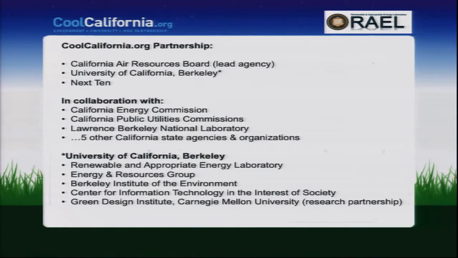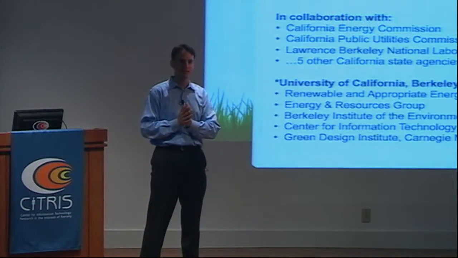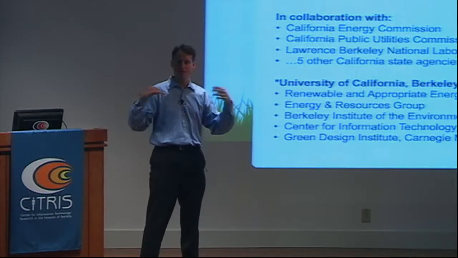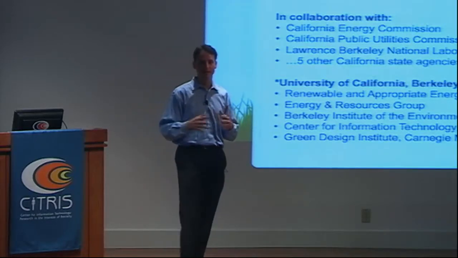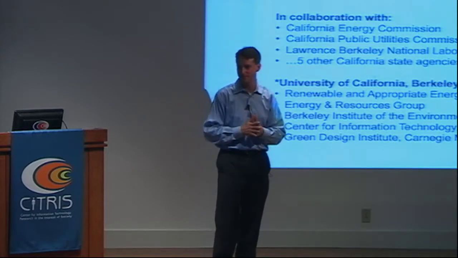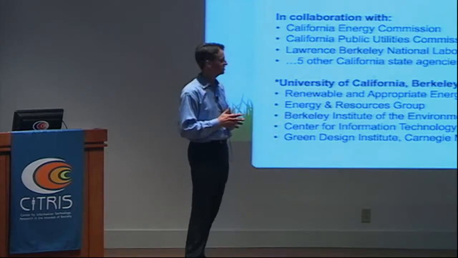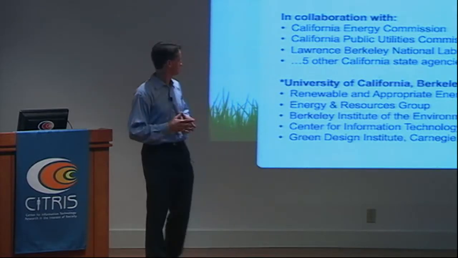So they developed this website, CoolCalifornia.org, and it has tools for households, businesses, local governments, and schools to calculate their carbon footprint. And now cities are going to be required, and at this point are being encouraged, to calculate their carbon footprints. We can talk about different methodologies for doing that, and then use these tools to share their results on this online system.